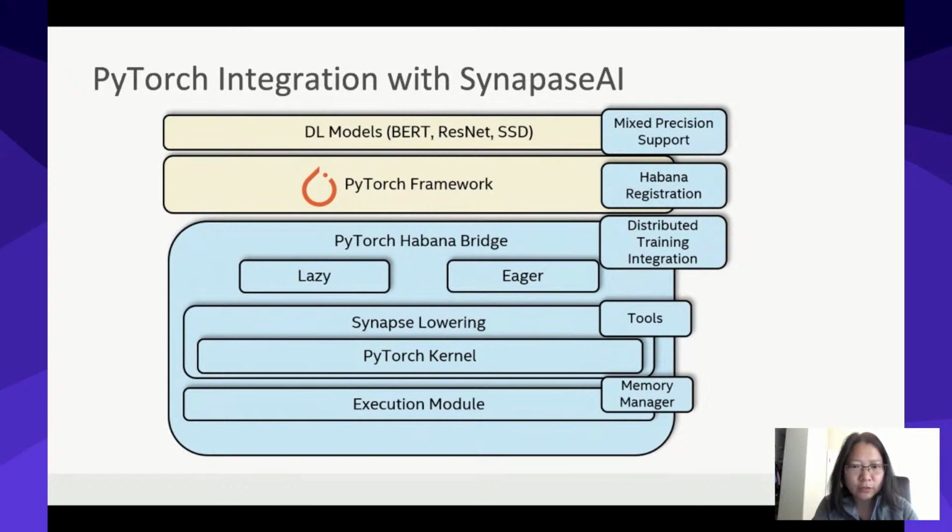And we register Habana ops and the kernels in the bridge as well. So the current supported model categories for PyTorch include BERT, the NLP models, image classification models like ResNet, computer vision models, SSD, and the segmentation models, and some speech recognition models.